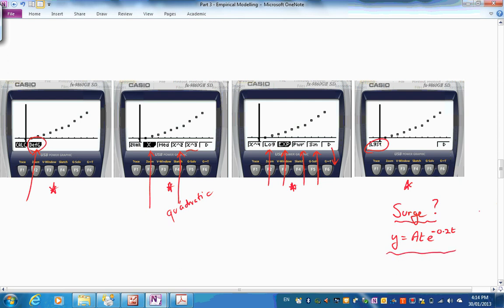Now, why might the calculator, from a data set of, let's say, t and y, think about getting values here, measuring values here, putting it in list 1, list 2.